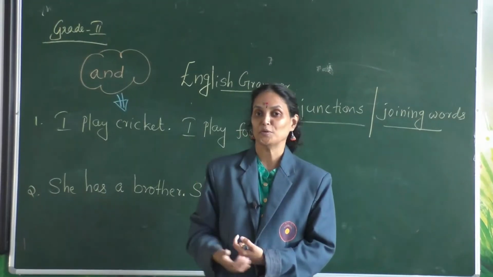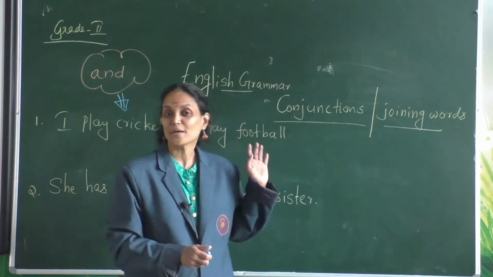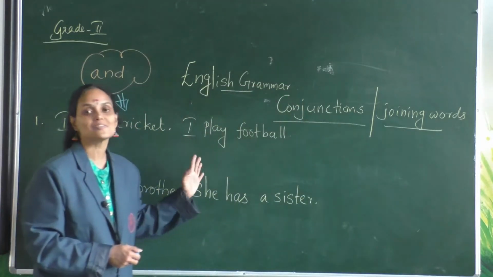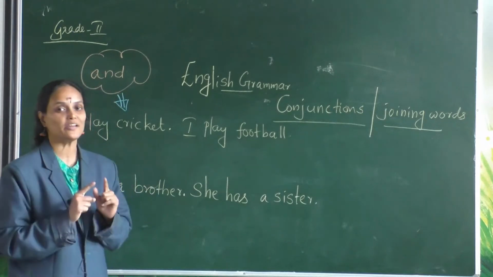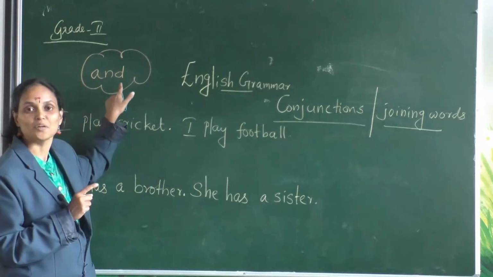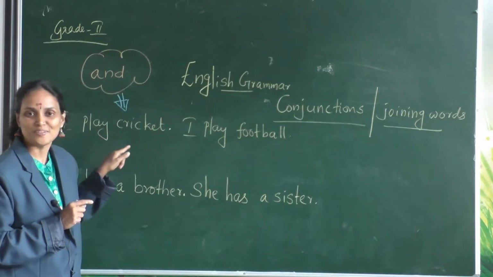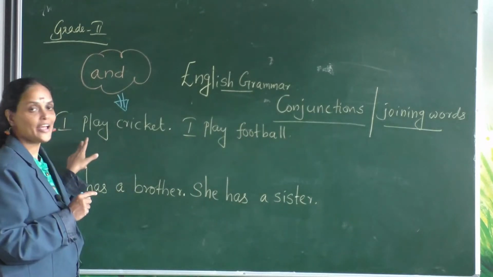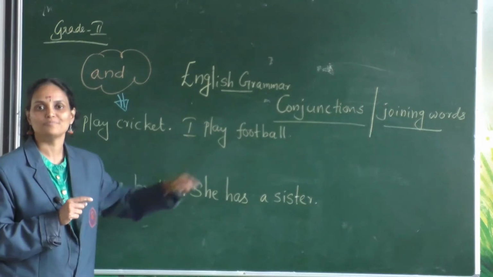Children, now we are going to discuss the use of the conjunction and. I have written two examples here, two sentences are here. You have to combine them, you have to join them using the conjunction and. Let's try. Let me read the first question for you. I play cricket, I play football.